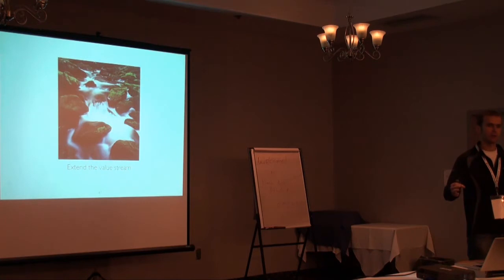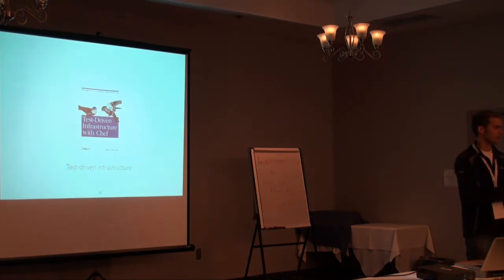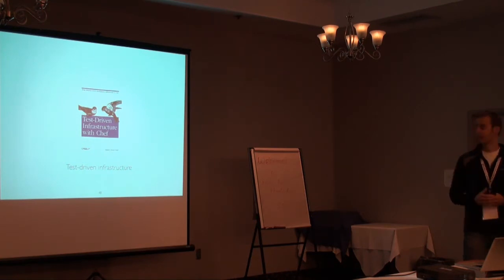So incorporating more groups in the process, really thinking end-to-end with the delivery of software. So not just taking software from a perspective where it's built and tested, but actually deployed into a production environment and delivering value to customers. There's also the influence of Agile concepts like test-driven development percolating into the operations community, so you end up with practices like test-driven infrastructure.